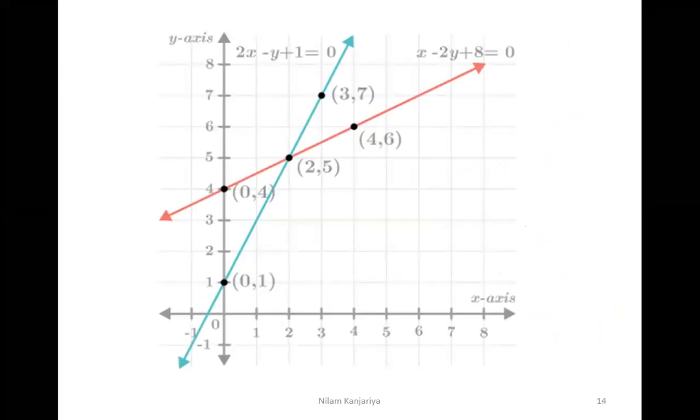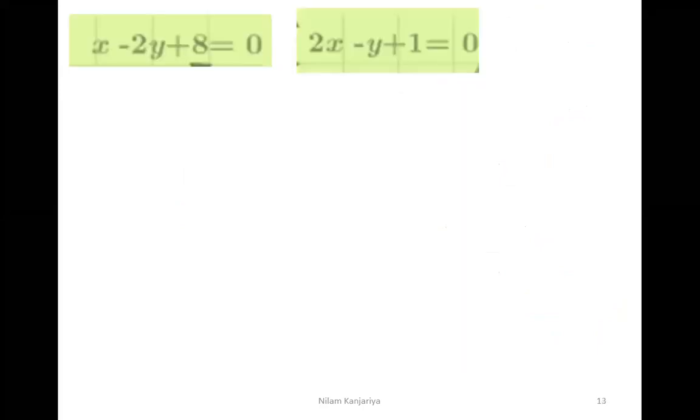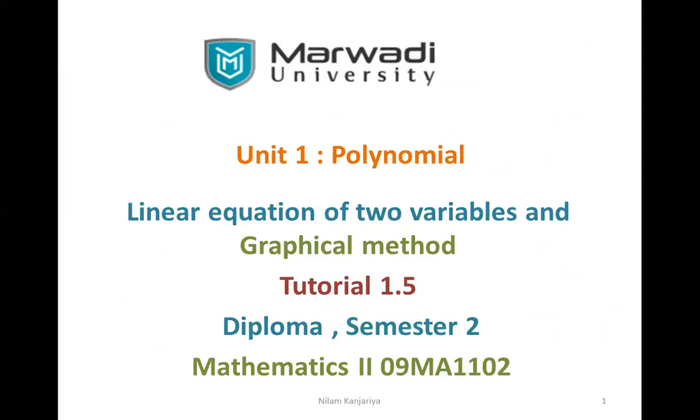There are many more examples which we will discuss in the next session if you want. Now this is the end of tutorial 1.5, this graphical method. Any student have any problem related to the graph? Please tell me. I will provide you any shortcut which is possible.